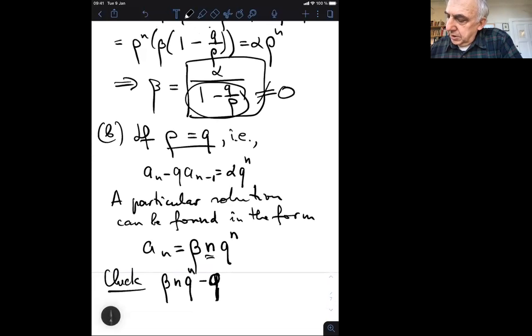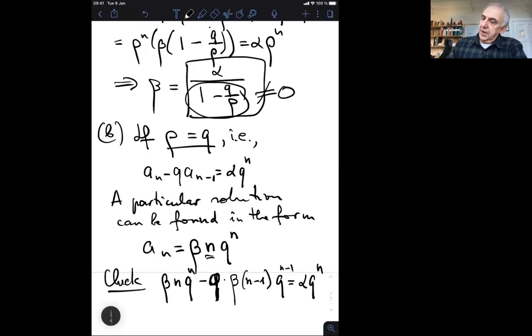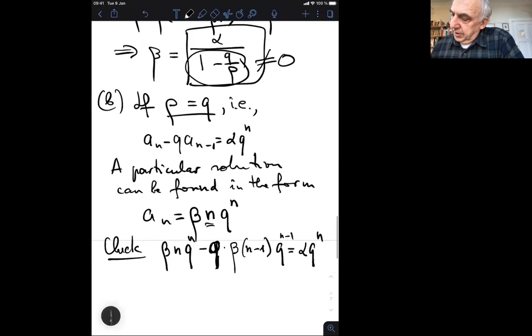And then a n minus 1 would be beta n minus 1 and q power n minus 1. And this should be equal to alpha q power n. Let's see if we can find a beta which satisfies such equation for all values of n.